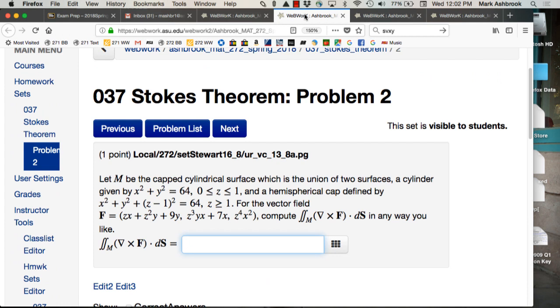What's this one? Oh, this one's the one that was due today. M is a capped cylindrical surface, which is the union of two surfaces, a cylinder and a hemisphere cap. So we first have to conceive that surface. There's a cylinder and the cap.